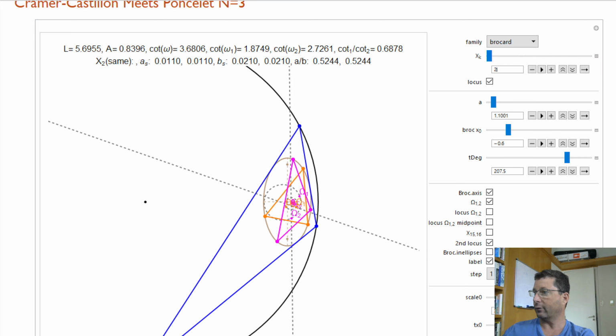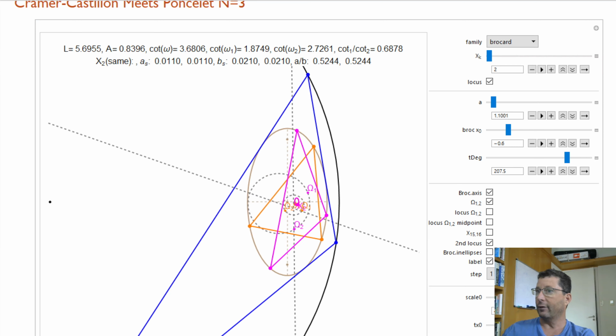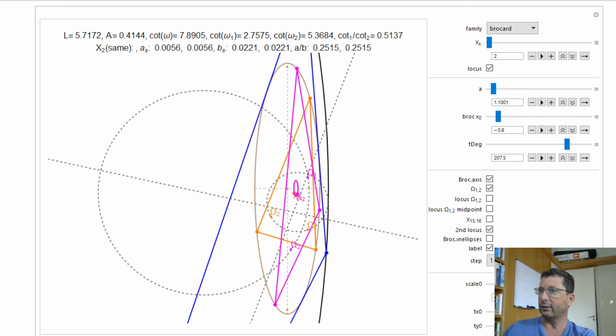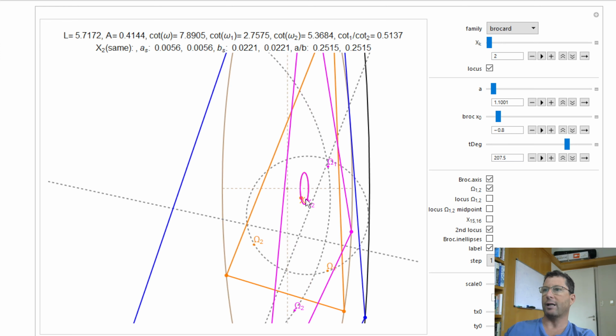Let's go back to that scene. You can see that it's this thing here, and let's make this guy a bit more eccentric so I can better look at the locus of, I guess I have to do x16. So here are the loci of the x2s, which are not shared, but the interesting thing here is that they ride the same ellipse. And we have not seen this in the other cases.